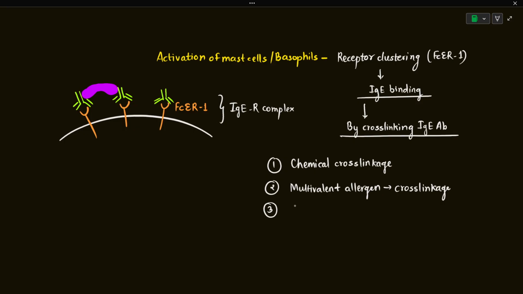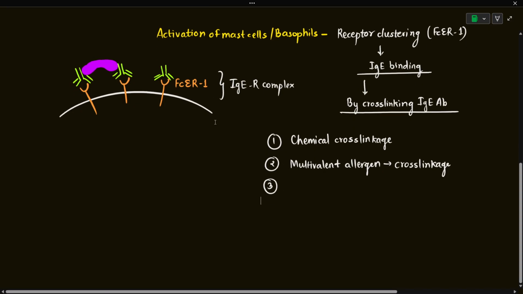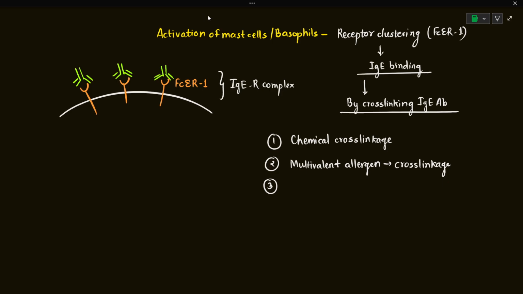The other way of ensuring that those antibodies cluster together is that we introduce another antibody, which is anti-IgE. This is IgE antibody, which binds to the receptor Fc epsilon R1. So we can call the IgE antibody anti-Fc epsilon R1 antibody.